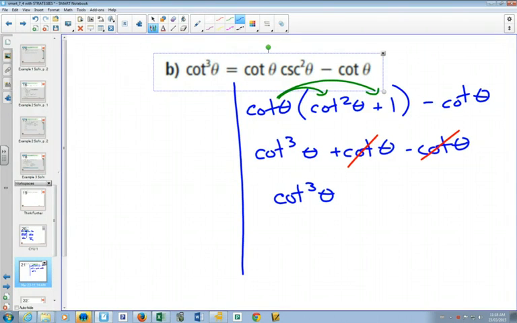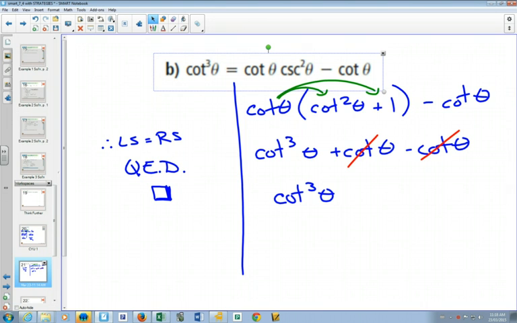And so our left side's equal to our right side, and we are done. So that is one way that you could go about solving for that one. And that would be better than changing everything to sine and cos. Sine and cos will work, it just takes longer. Okay?